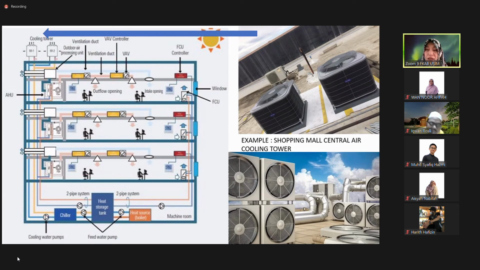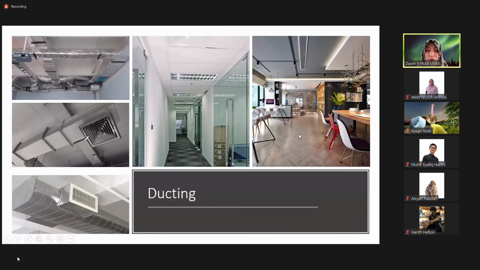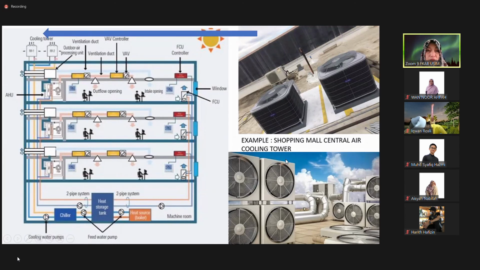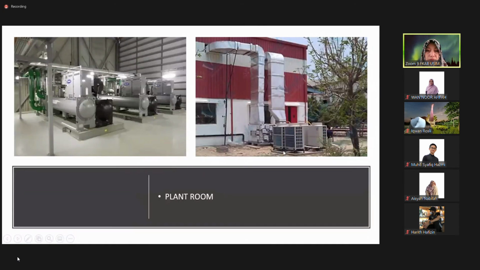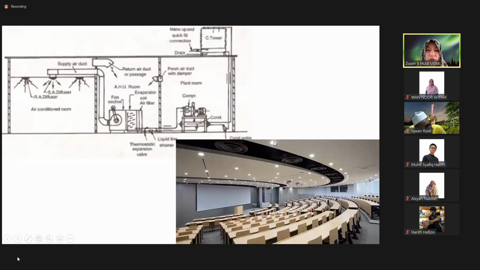So I can foresee that if only 2-story, tak perlu, no need to have cooling tower because the limitation of height at the plant room still can accommodate the AHU and also the air conditioning system for centralized. Okay. This is based on the building. If very huge building, dia kena ada cooling tower on top. Sebab kenapa kena ada cooling tower? Sekejap. This is plant room, this is diffuser.